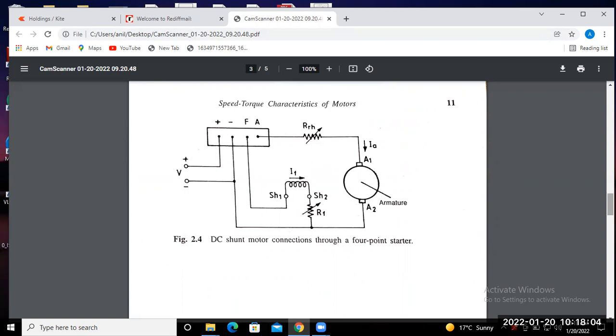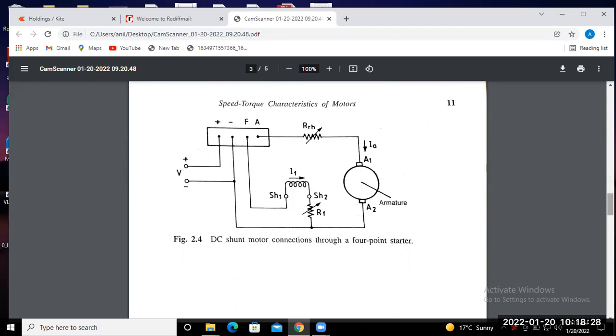This is the shunt motor connection diagram. With the help of a 4-point starter we use here, or you may use a rheostatic starter method, or a 3-point starter, to start the DC shunt motor.